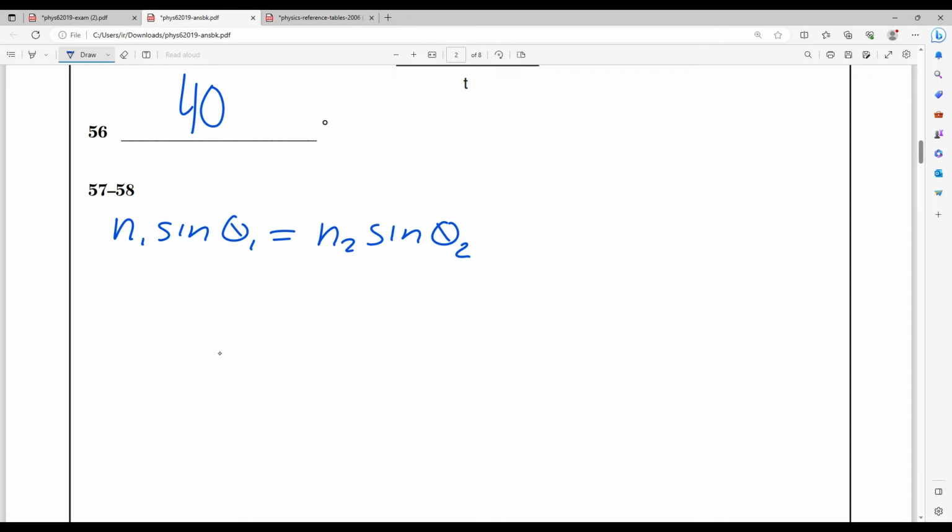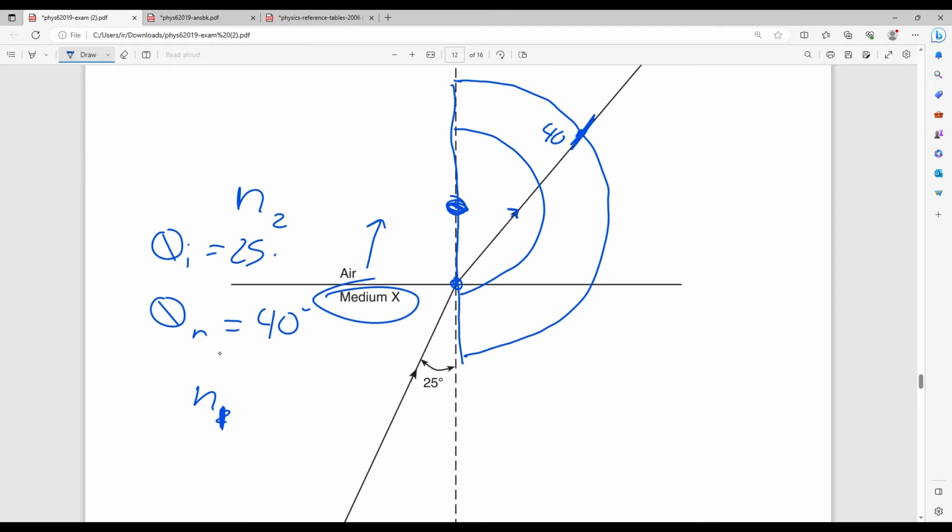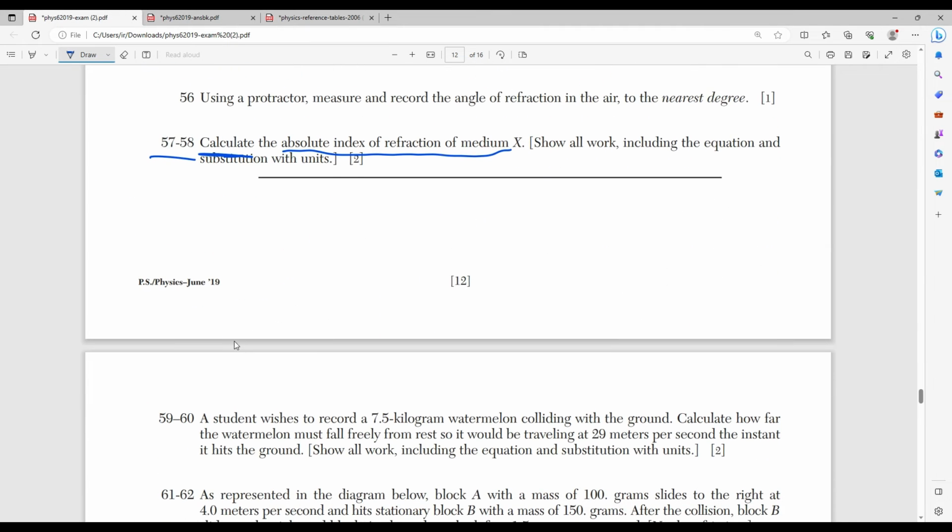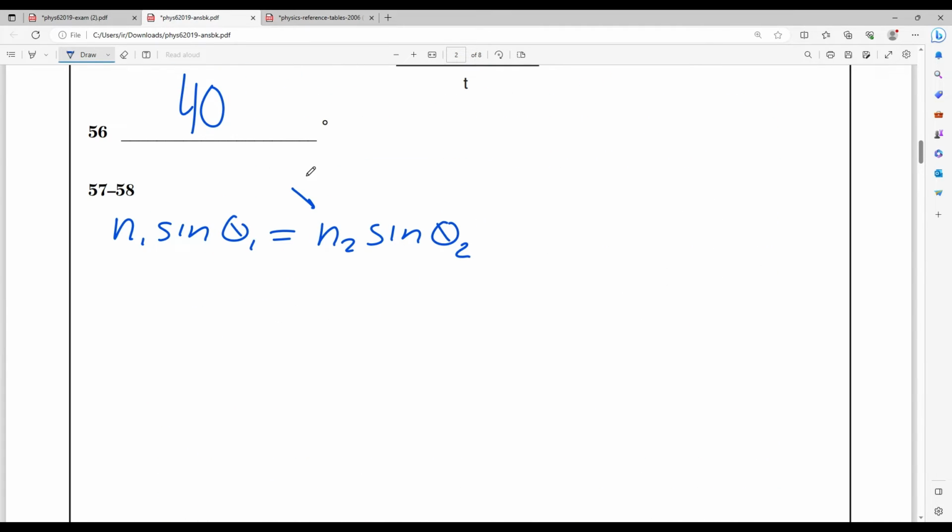Or the index of refraction for the first medium times the sine of the angle of incidence is equal to the index of refraction for the second medium times the sine of the angle of refraction in the second medium.